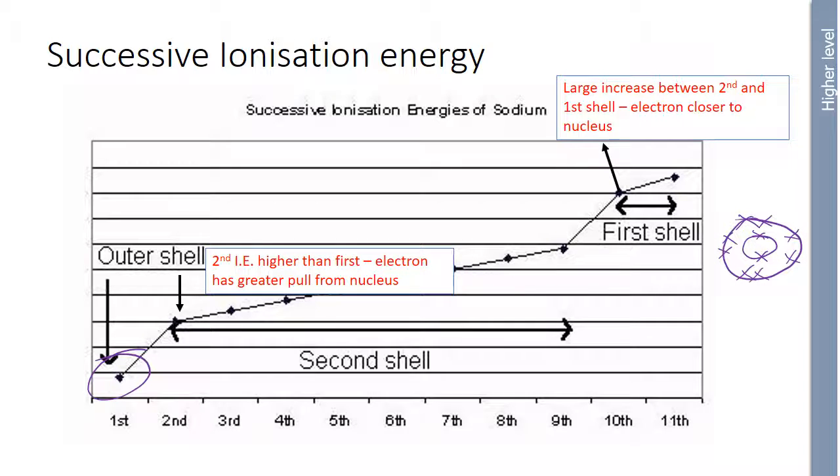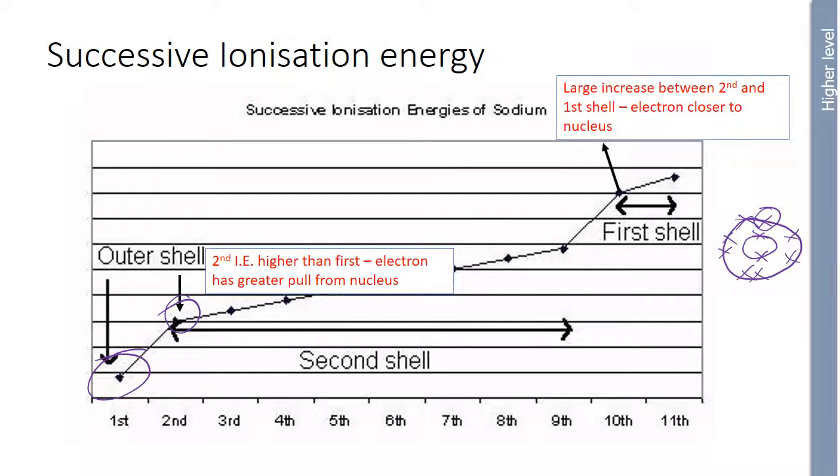Then we go to the second energy level, and it's going to take a lot more energy, which we witness here, to get rid of this electron, because it's closer to the nucleus, and it's also going to have more effective charge because you've now lost 1 electron.